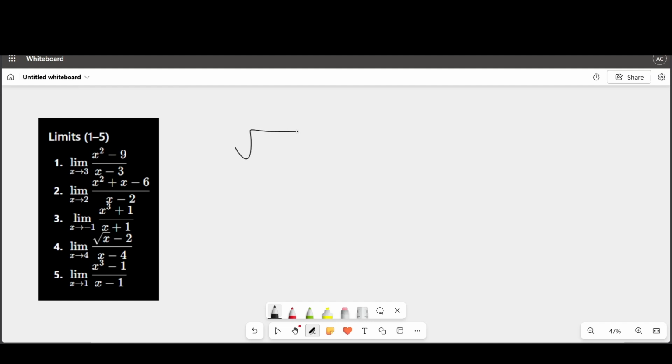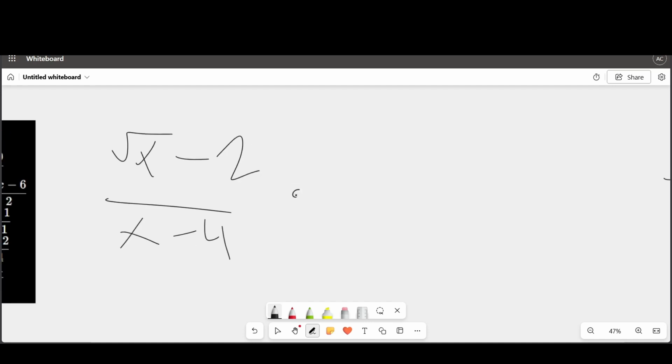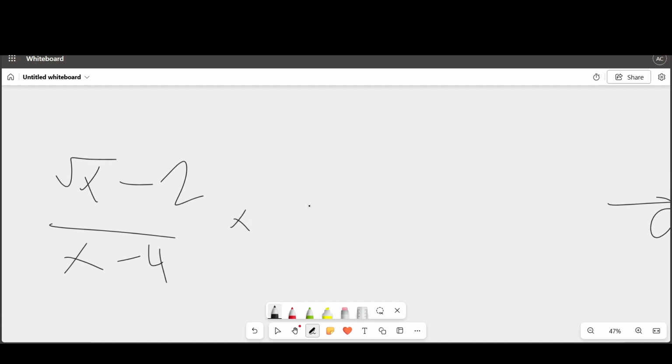So it's just going to be like this. Okay, so we're just going to copy this, and then times it with the conjugate. So we have x plus 2 over here, and x plus 2 over here as well.